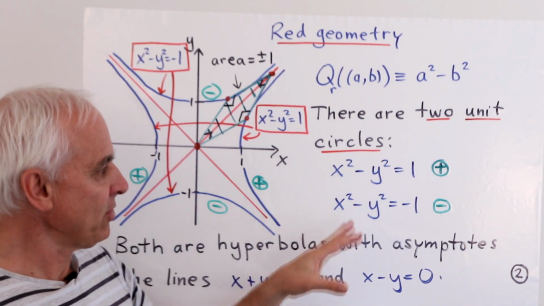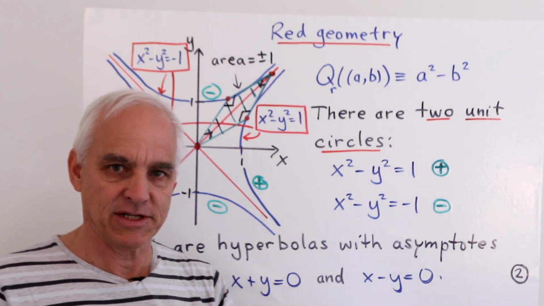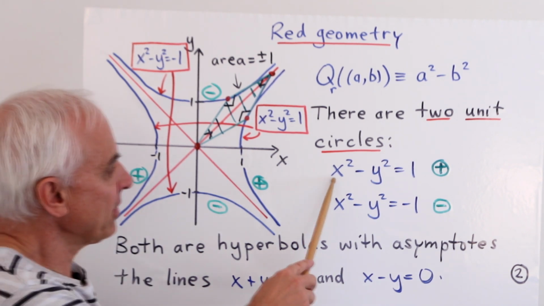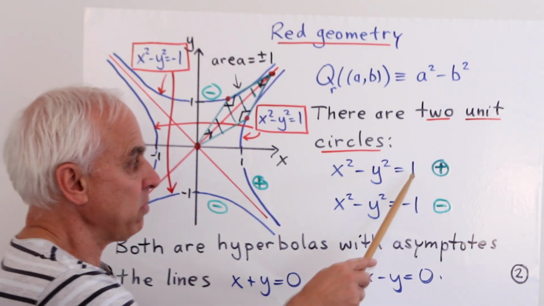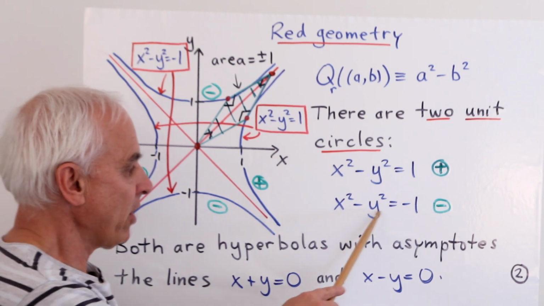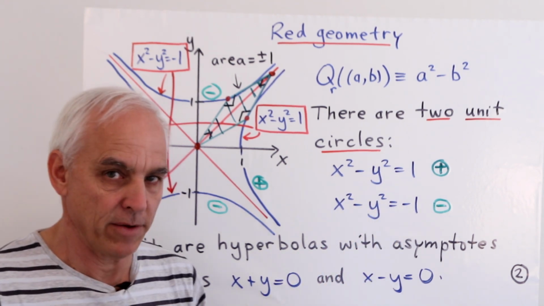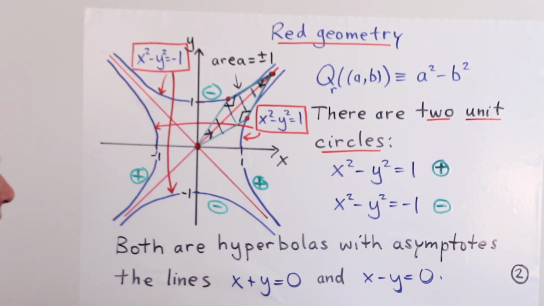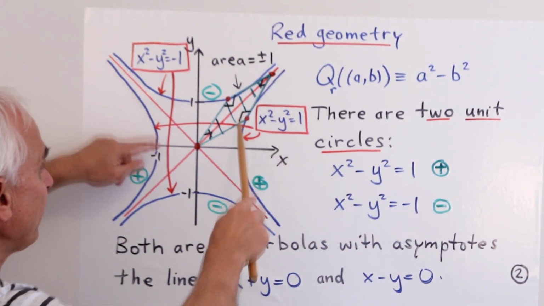There's actually two unit circles that we need to consider. One of them is the circle that describes quadrance equal to +1, and the other one is quadrance equal to -1. So x squared minus y squared equals 1, that's the equation of a hyperbola that looks like this.